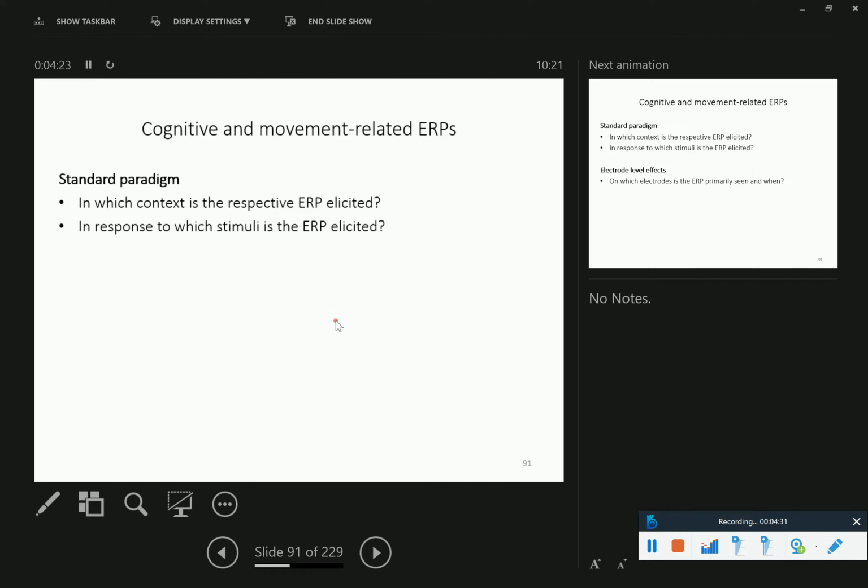So the basic question is always, what's the standard paradigm? Because once you know what the paradigm is, it's much clearer what's going on. And so there's usually a specific context in which a respective ERP is elicited, and then there's a specific stimulus set.